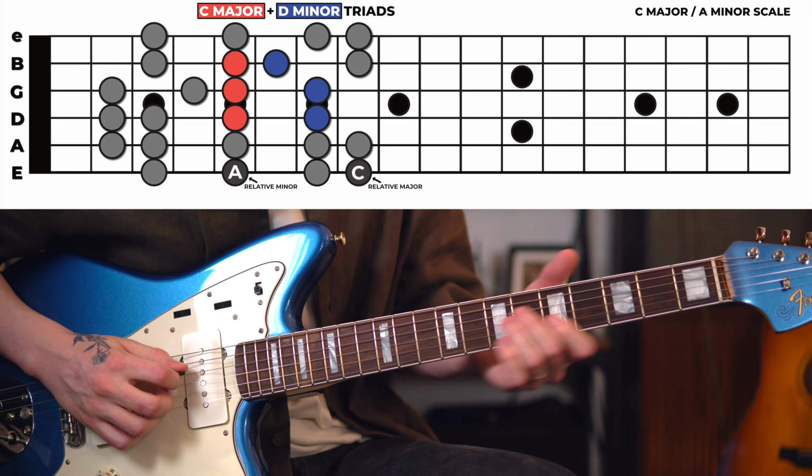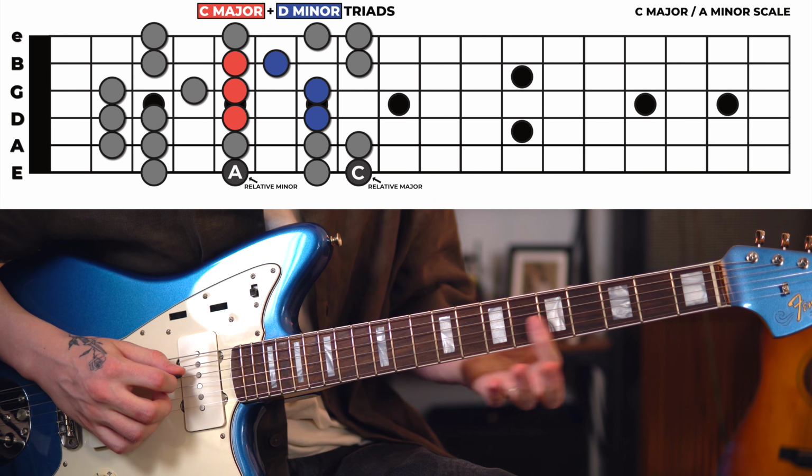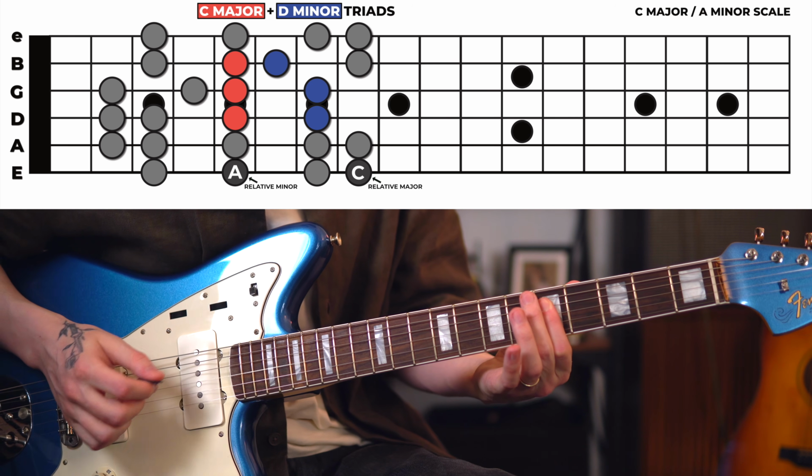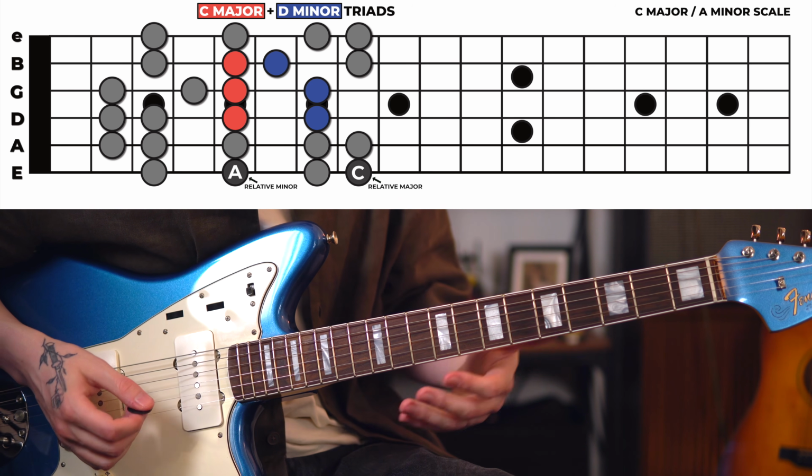For example, I could take this little D minor triad and this C major triad, and I could incorporate them into a little lick or improvisation that I'm playing.